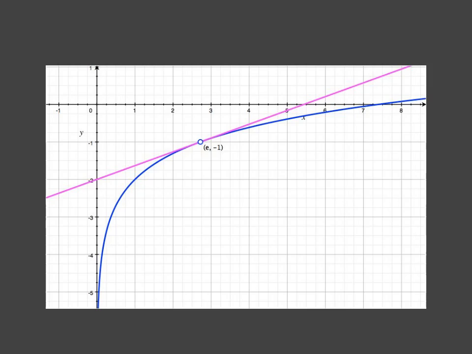So let's do this here. If we look at both of these curves, we can see that this blue curve here corresponds to y is equal to ln of x minus 2. So no problem there. The pink line, I should say, is the line y is equal to x over e minus 2.